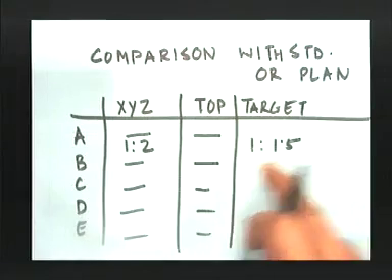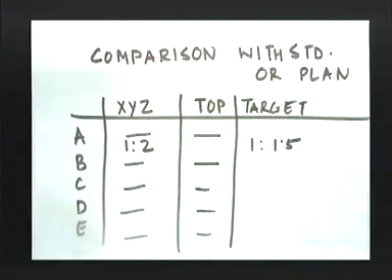So, this target versus the actual thing you try to study, and then you take appropriate measures so that you are as close to the target, or as close to the top company of that particular industry. So, this is how we carry out the three analyses, namely trend ratios, inter-firm comparison, as well as comparison with standards or plans.